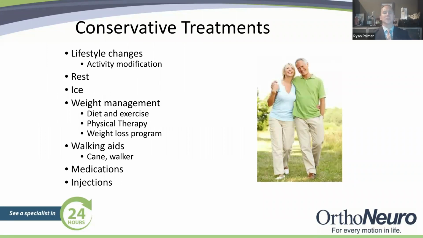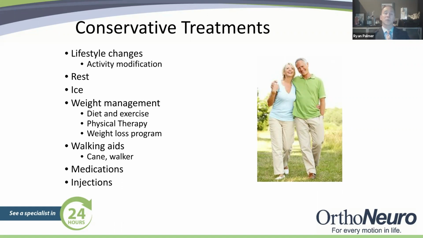Conservative treatments consist of, quite simply, lifestyle changes and activity modification, beginning to limit those activities that cause the most discomfort, certainly resting adequately from physical activity. Ice is a very simple anti-inflammatory measure to decrease the inflammation that arthritis can produce.